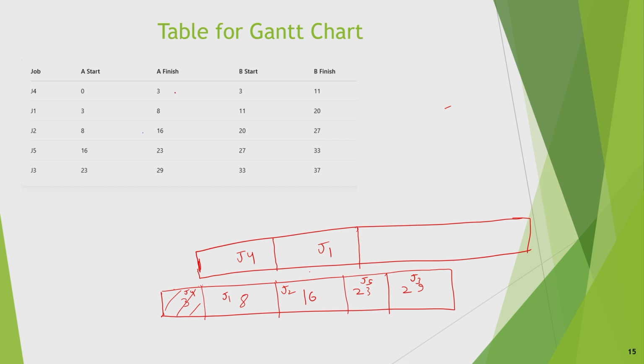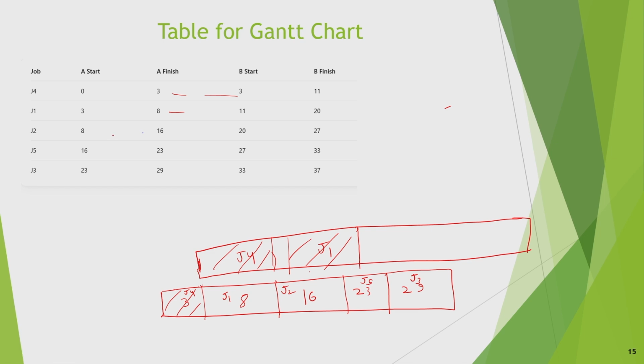Here it is finished at 8 but then it has to wait, and it will start at 11, so that much gap is there, okay. So J4 is here, J1 is here, so this gap also we can show pictorially.